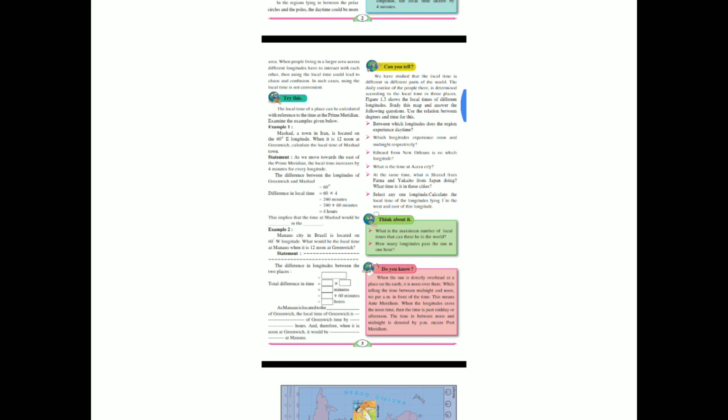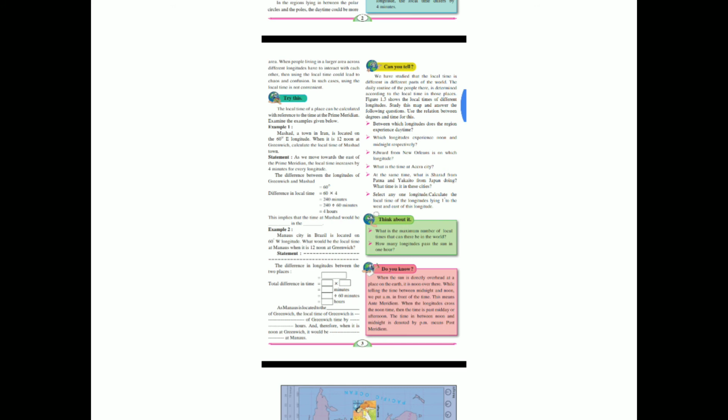What is the time in Accra city? It is 12 noon. At the same time, what are Sharad from Patna and Yaketo from Japan doing? Sharad is returning home from school and Yaketo is going to sleep.